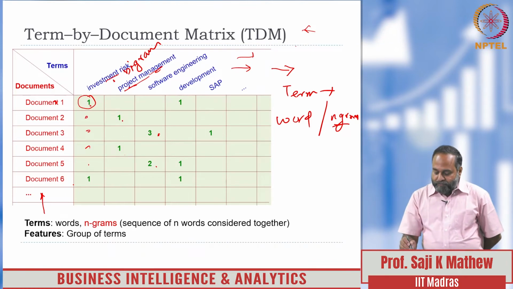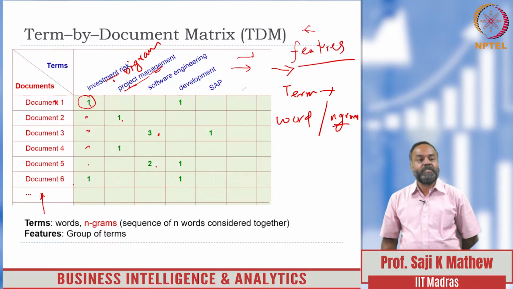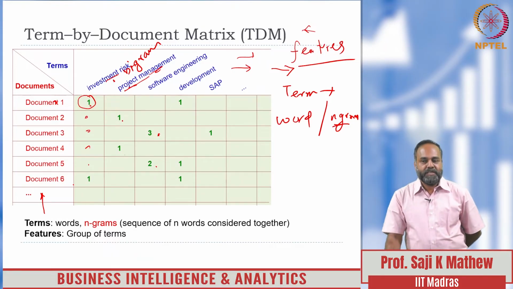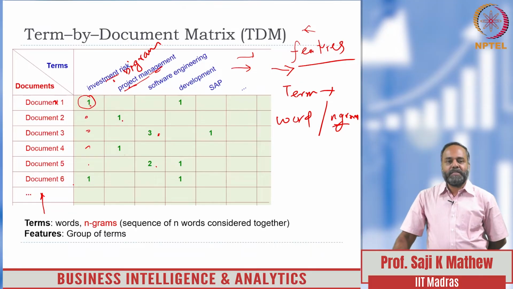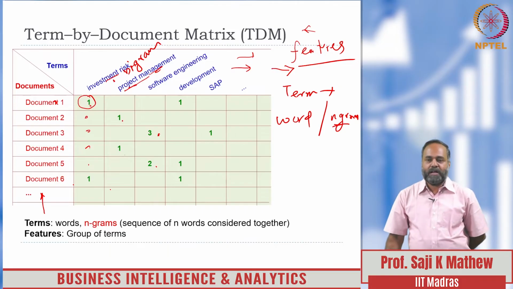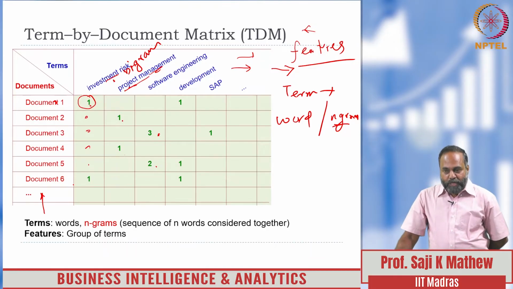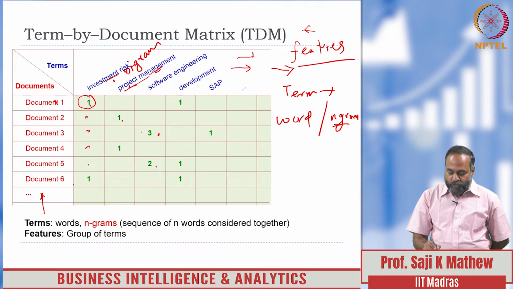In text mining parlance, these terms would be features. They are actually the features of the text. The features of the text are nothing but the terms, and their occurrences in the documents are the counts. So, you can create a TDM with the actual number of counts, or you can also have a TDM of whether they occur or not, so that could be either 0 or 1.